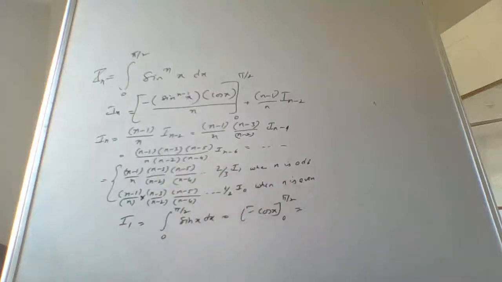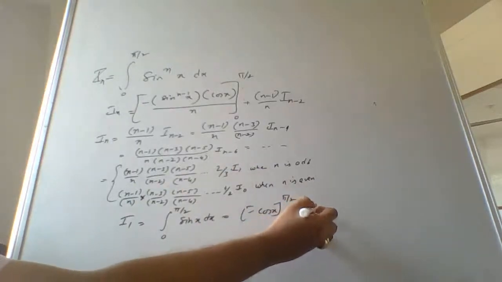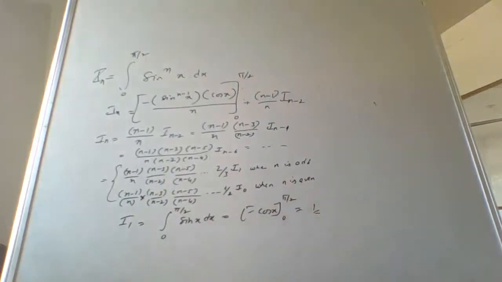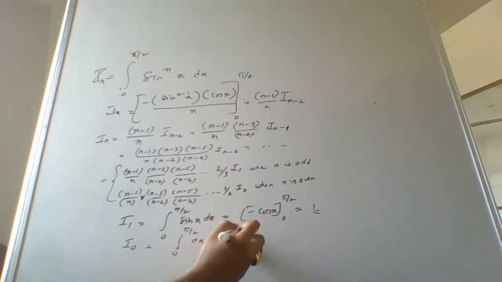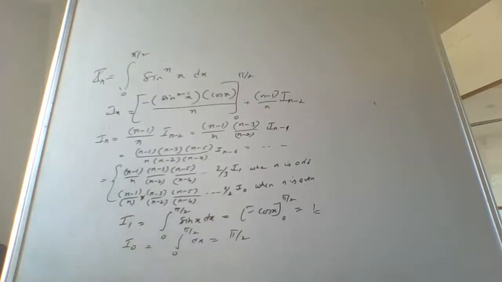When we simplify this, we get 1 as the result. So what we got is I1 as 1. And let us find what is I0. I0 is the integral from 0 to pi by 2 of dx. So I get this result as pi by 2.